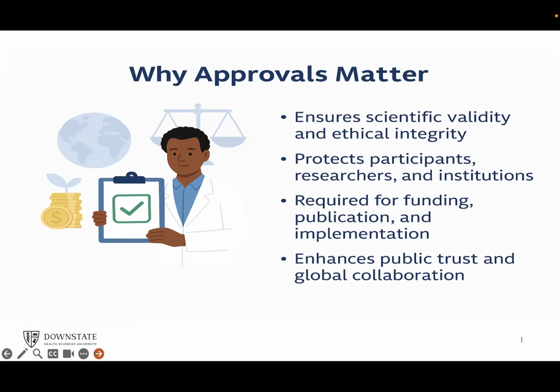I'm an anthropologist, so my research is very patient-close, and making sure we do no harm to our participants, our respondents, is paramount for me. For a lot of places, depending on funding, it is absolutely required, as with publication. And the thing it does the most is enhance public trust of the research process.